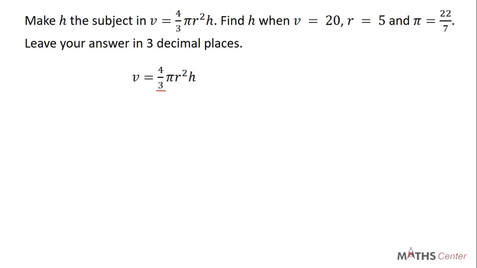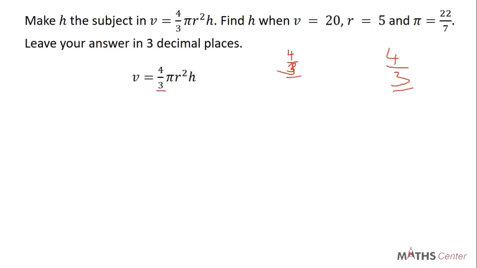So after you've identified the fraction, you have to find the LCM of the denominators. There is only one denominator here, so the LCM is going to be that number. So here, 4 over 3, the LCM is 3. Okay, so the fraction we have is 4 over 3.